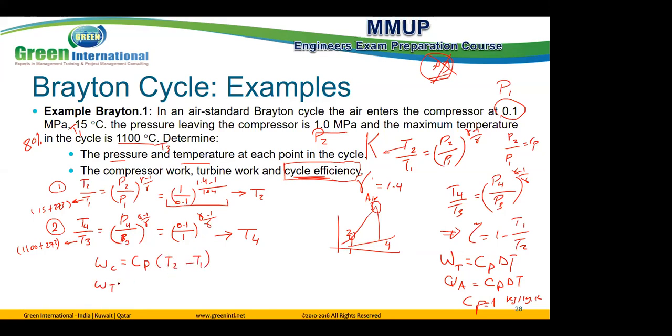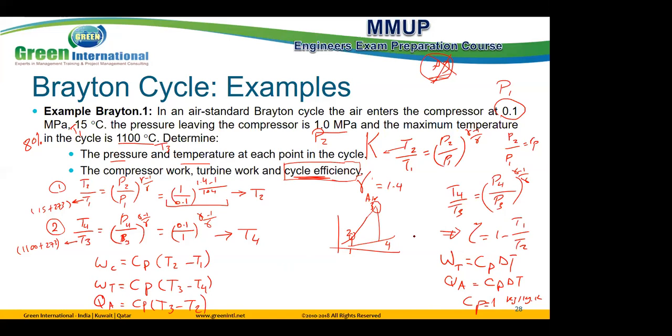Work turbine is equal to Cp delta T from 3 to 4, so T3 minus T4. And Q added is equal to Cp delta T from 2 to 3, so T3 minus T2. Now we have the work of compressor, turbine and Q added.